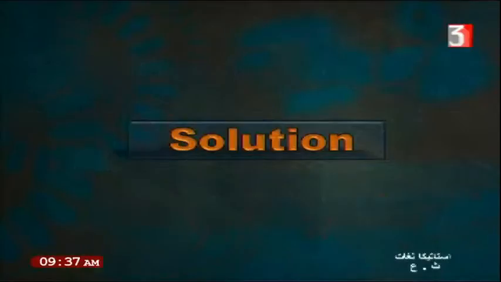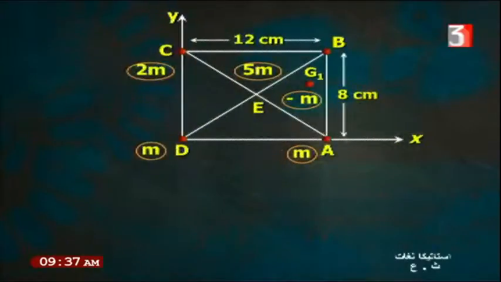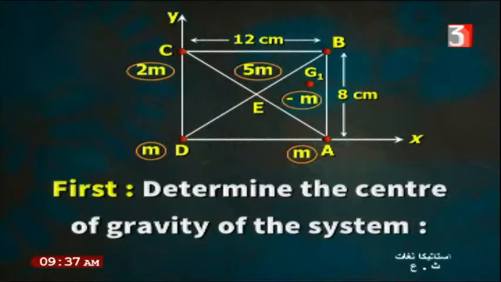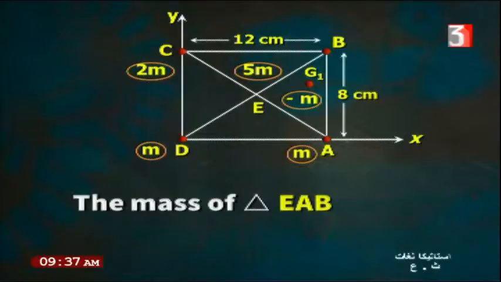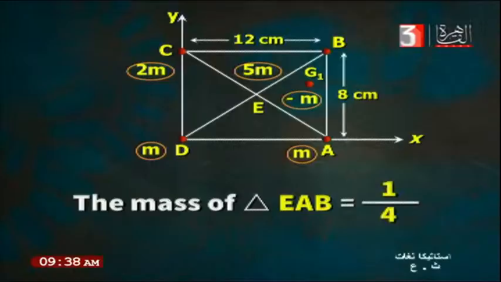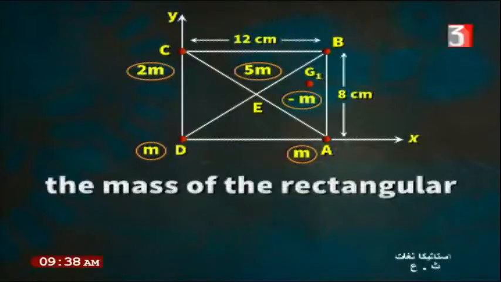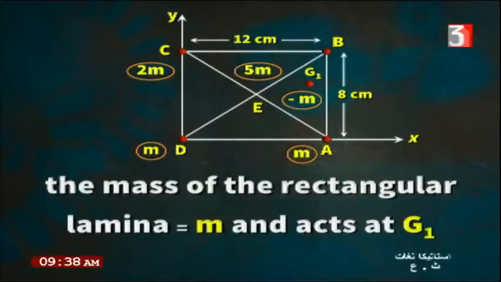Solution. Look at, my dear student, ABCD is a rectangle. Its length BC is 12 centimeters, AB is 8 centimeters. To determine the center of gravity of the system, the mass of triangle EAB equals a quarter of the mass of the rectangular lamina, which equals M. Why?